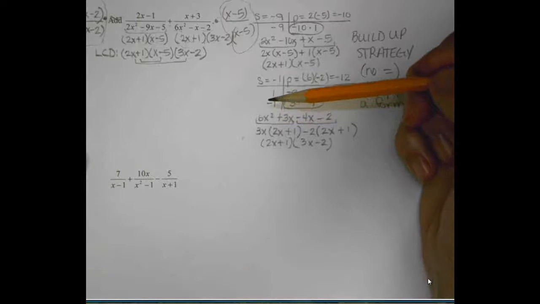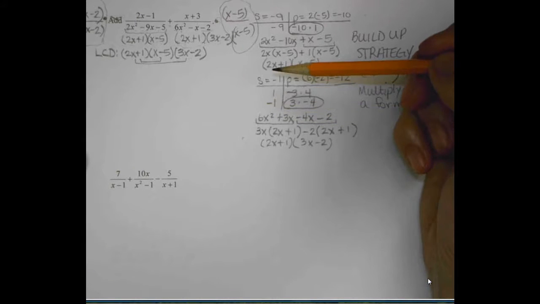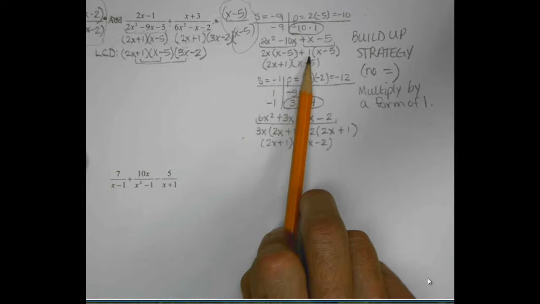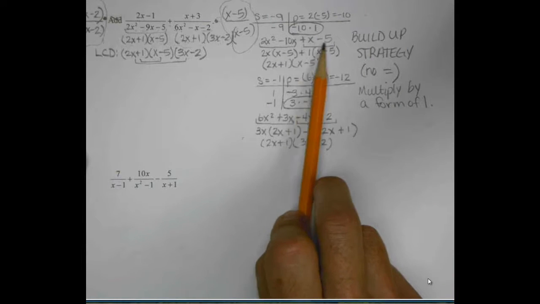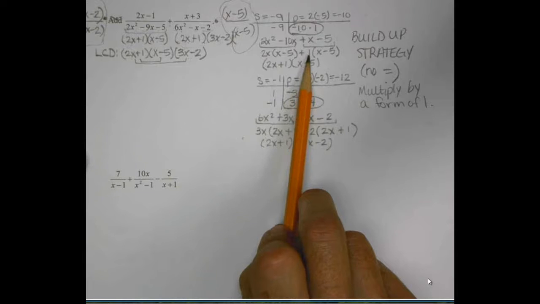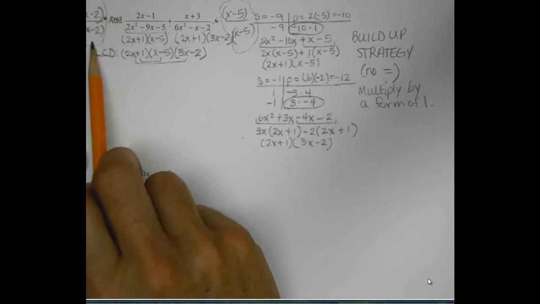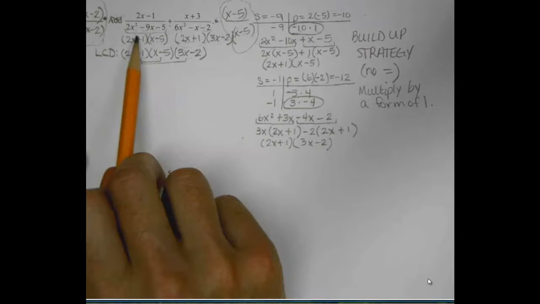Both of them have the same thing over itself. They reduce to 1. And when I multiply something by 1, I don't change its value. Just like when I was factoring over here and I wanted to leave it as an x minus 5, so I said, well, I can make it a 1 that I'm pulling out. It won't change the value at all. Same idea here, multiply by a form of 1, and I'm not changing the value of my rationals.